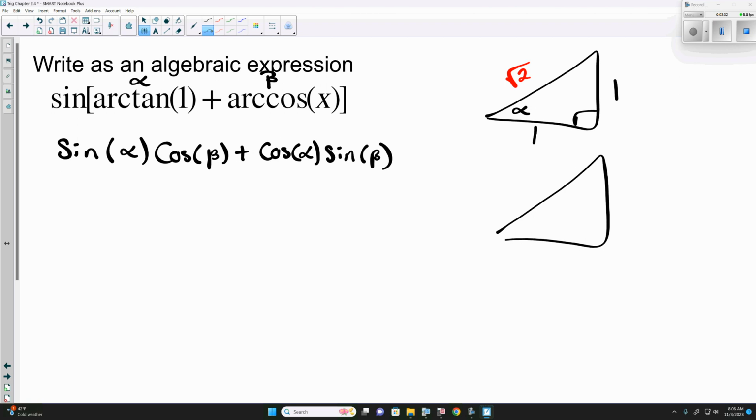For our beta, arc cosine, which is really telling us cosine of beta is equal to x. Cosine is adjacent over the hypotenuse.